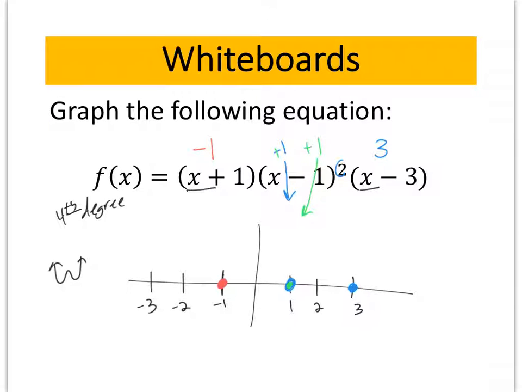But instead, at this spot, it's not going to go through, it's just going to touch. Instead of going through, it's just going to touch. It's going to come back down and then go back through. And that spot is because of this power of 2 there. So it's that double root at that one spot.